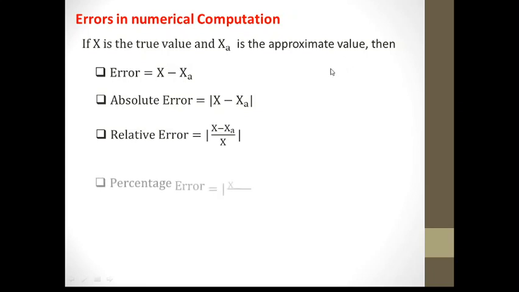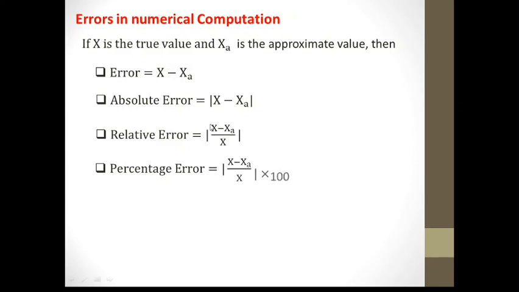Similarly, relative error is nothing but the absolute error relative to the true value, that is mod of x minus xa upon x. And if I multiply this relative error by 100, then it becomes a percentage error. So these are some of the formulae to calculate the types of errors.